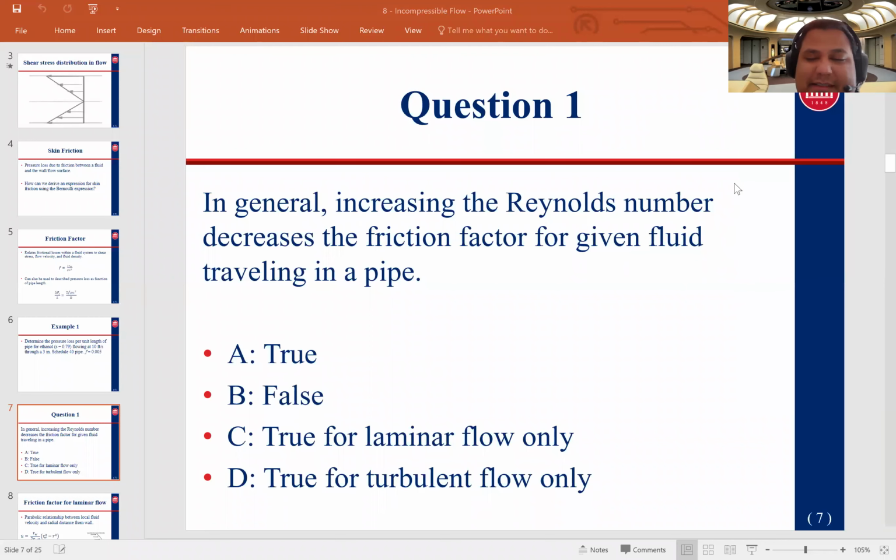All right, so this one's interesting. The answer is A. However, it's interesting how I've written it, because while the friction factor value will decrease as a function of Reynolds number, the friction itself, or the actual energy dissipation, will increase with increasing Reynolds number.